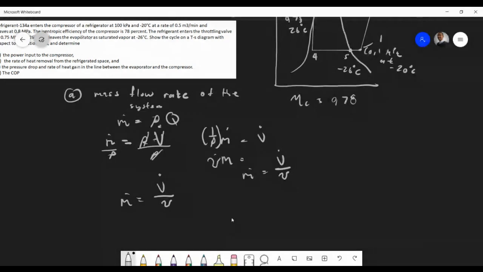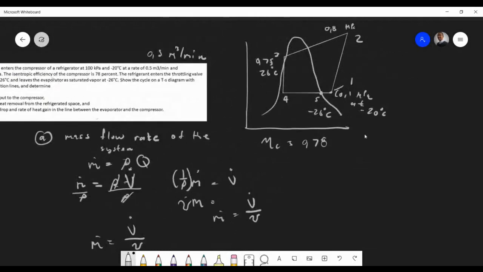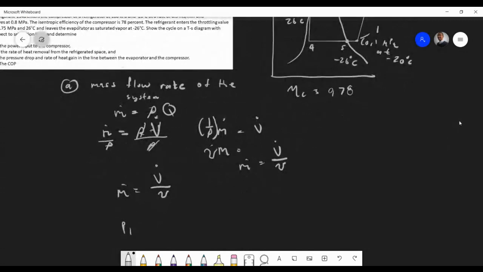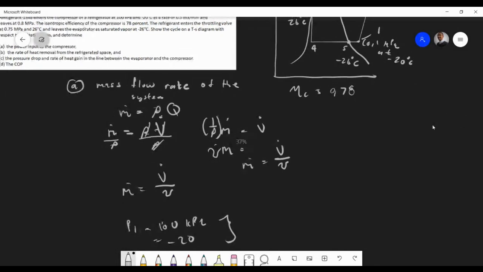So the first thing you need to do is look at point 1, and we need P1 equal to 100 kilopascals at minus 20. And this, of course, is an actual cycle.